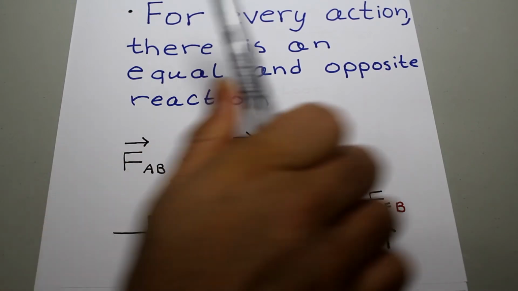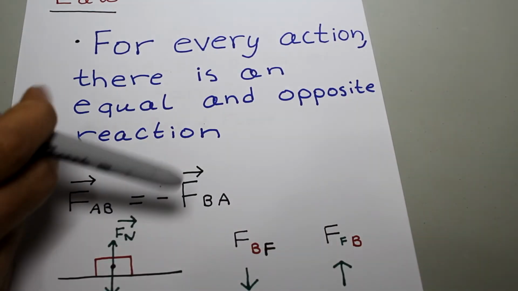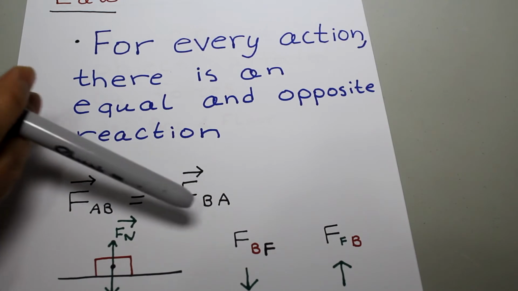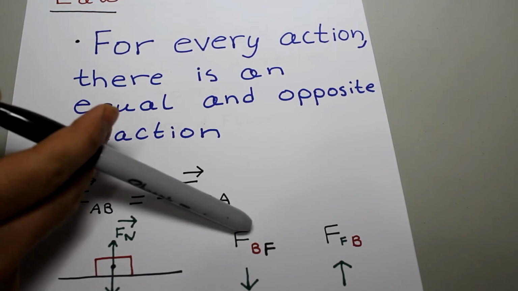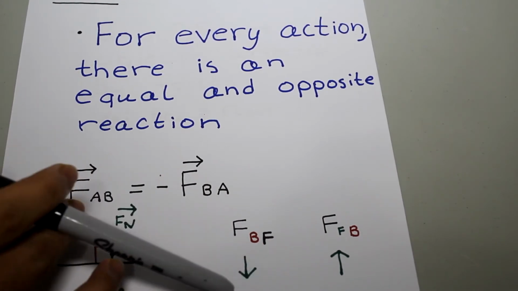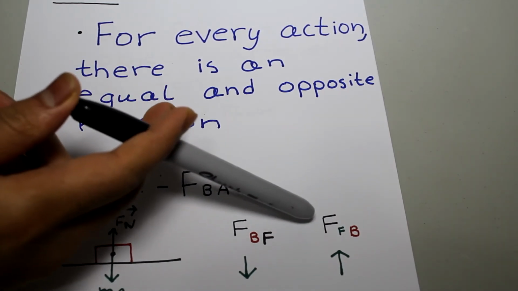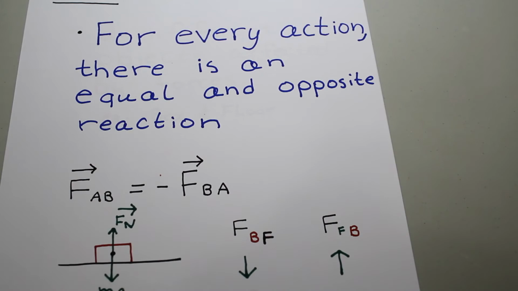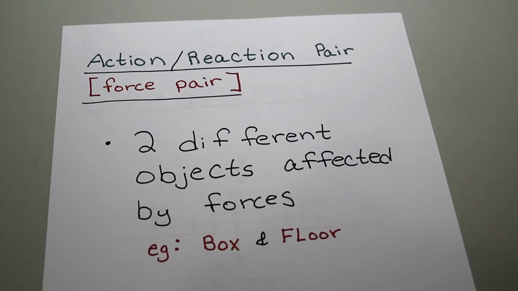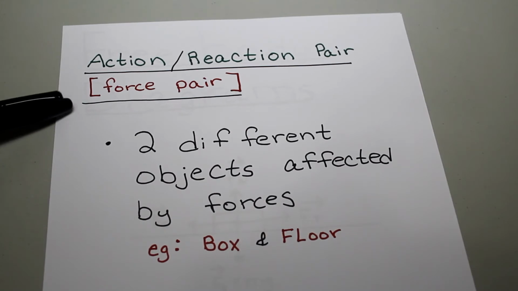So if we look at this, we see that the force that the box exerts on the floor is downwards, and the force that the floor exerts on the box is upwards. These are equal in magnitude but opposite in direction. So what we just talked about are action-reaction pairs, also known as force pairs.